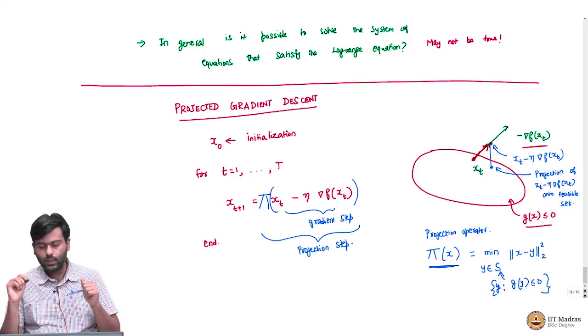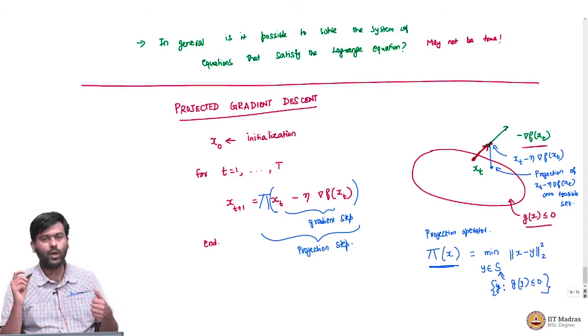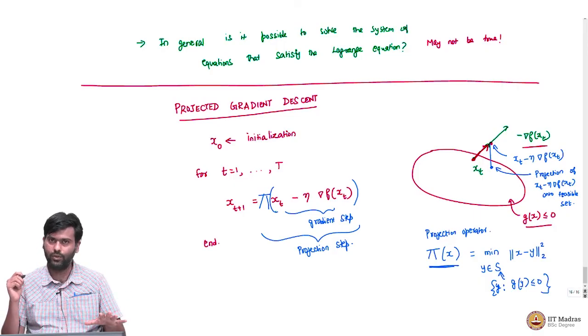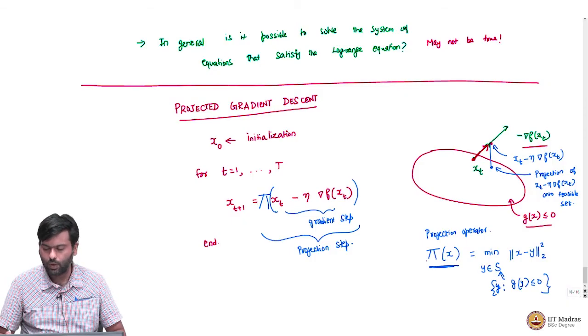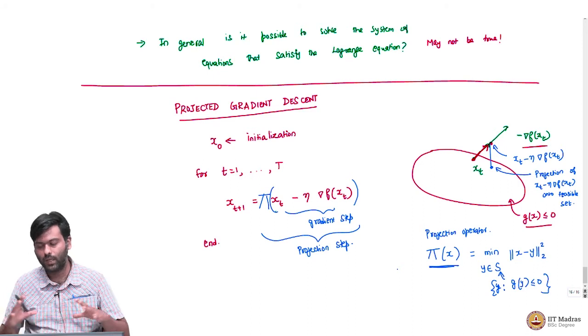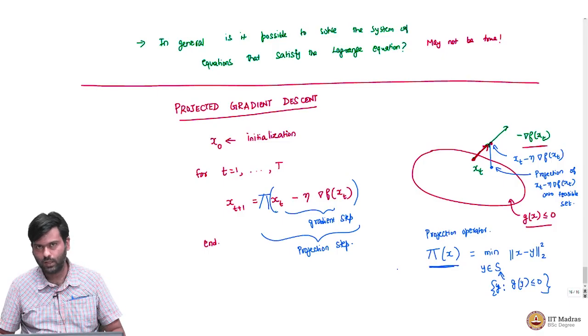One is, this depends on the fact that you can in fact do your projection onto your constraint set efficiently, right. So, that is the first important thing. If your constraint set is really messy, really complicated, then doing this projection might not be that easy.